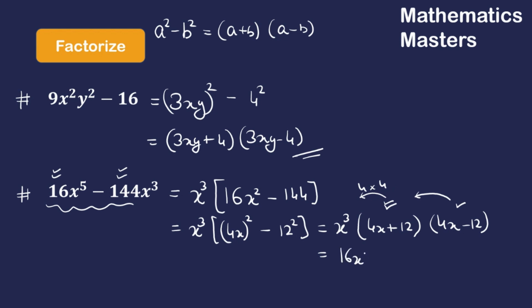So outside we will be getting 16x cube. And when I take 4 as the common from the first expression, I will be left with x plus 3, multiplied by, again taking the common 4 from the second expression, x minus 3. So that's how we can solve the expression.